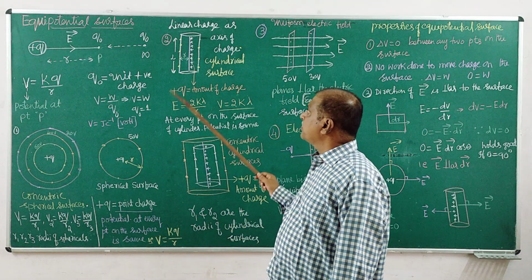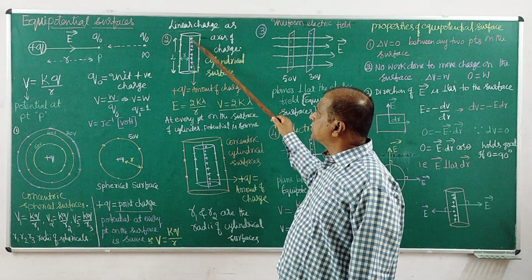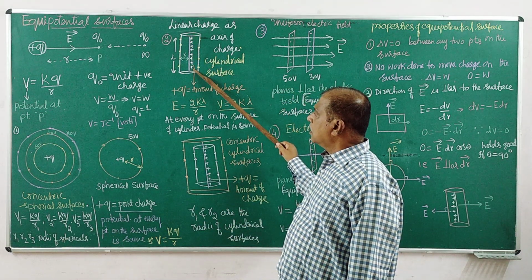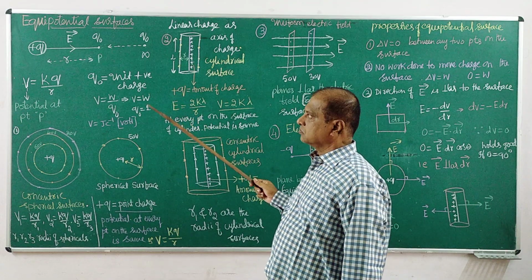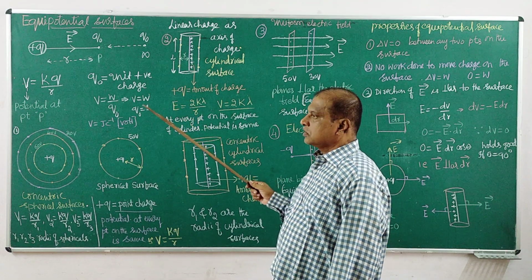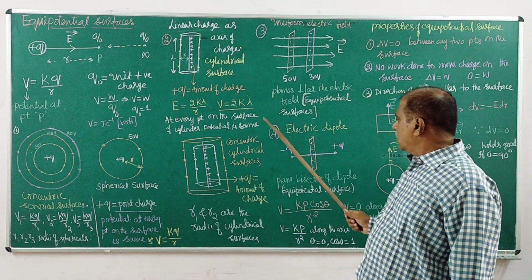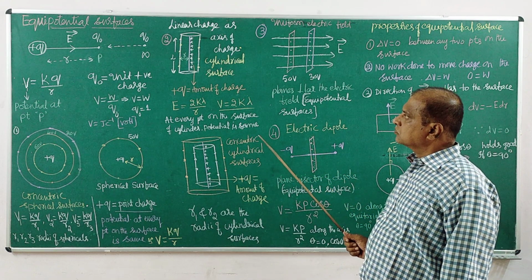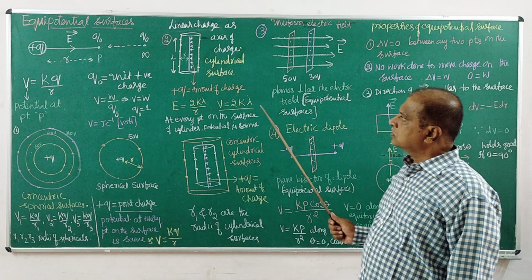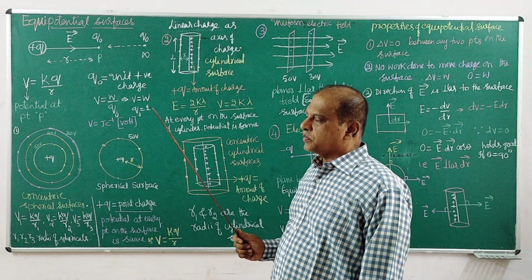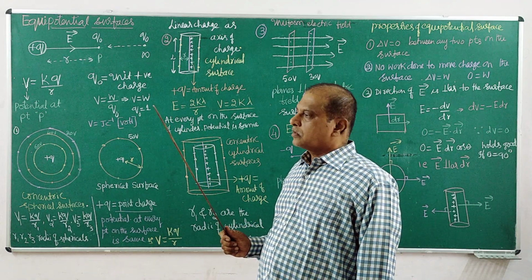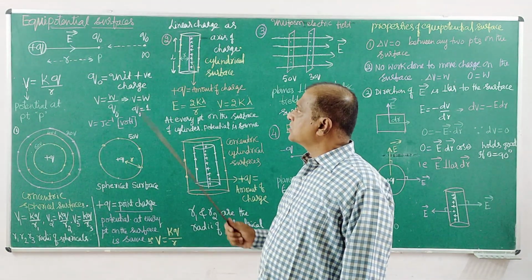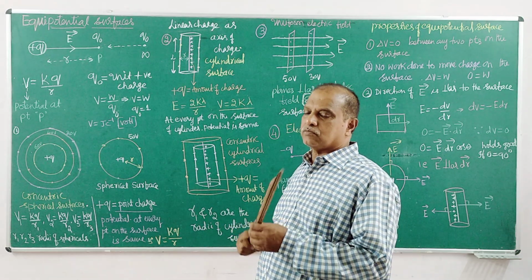And the charges may be a linear charge or surface charge, or an electric dipole like this. So this potential is all because of the electric charges in that space.